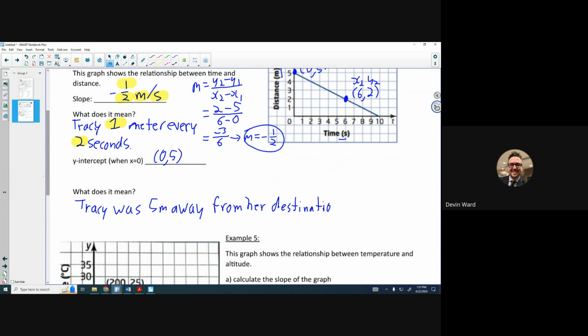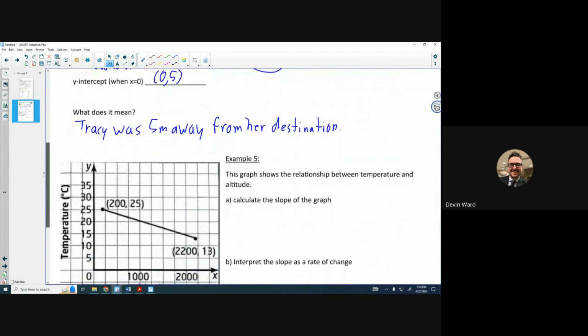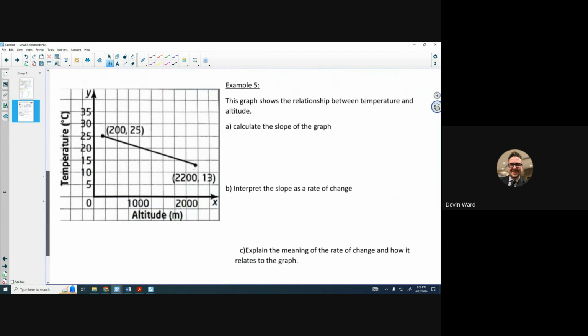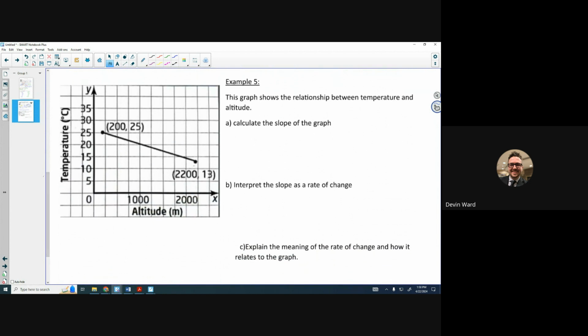So again, we could use rise over run to calculate the slope on that one, but y2 minus y1 over x2 minus x1 can be used for anything. Okay? And something like this where my scale is kind of huge on my x-axis.